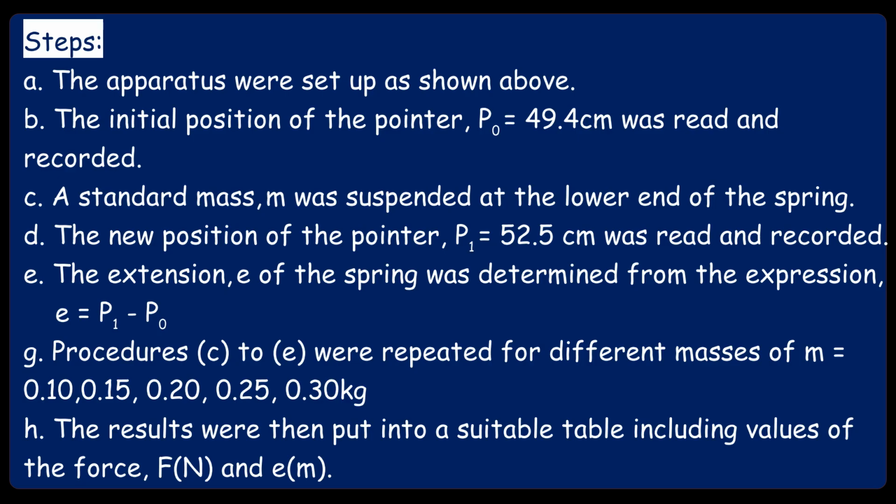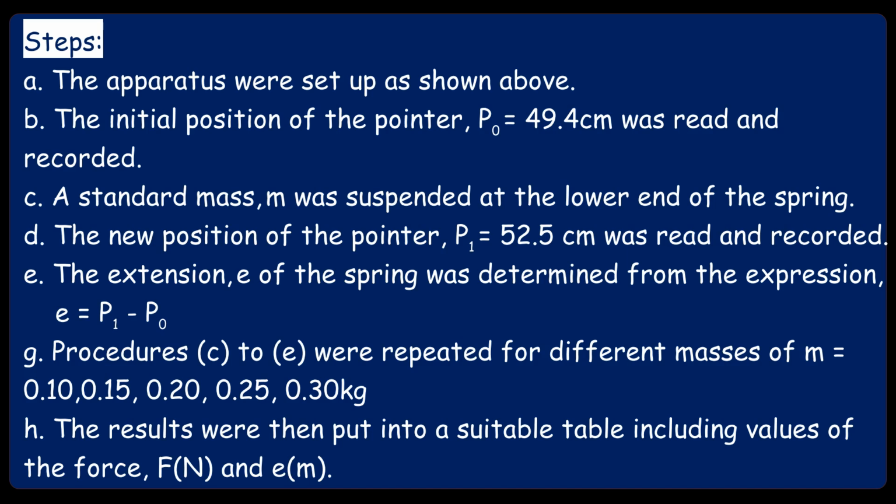Procedure G, it says procedures C to E were repeated for different masses of M equals to 0.10, 0.15, 0.20, 0.25, and 0.30 kilograms. Remember, I've been given 50 grams, but when you convert them to kilograms, that's what you'll be getting, and that's what you're going to be using.